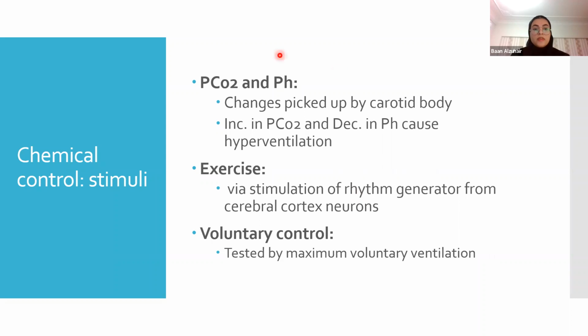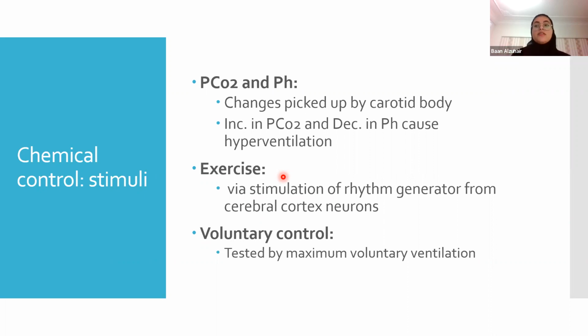So for the CO2 and the pH, I wanted to say something, I forgot. There is no change in CO2, pH, and O2 in your blood in the first couple of minutes of your exercise. It does not change until you cross a threshold. This threshold is called the anaerobic threshold.